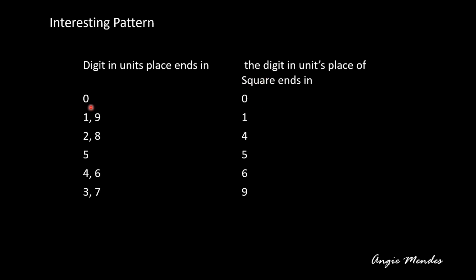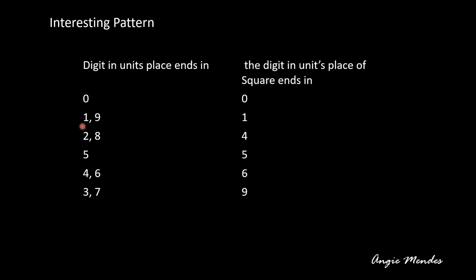Take note of the digit in the units place. In 10, 0 is in the units place, and in 100, which is the square of 10, 0 is in the units place. So this is satisfying this condition, that if the digit in the units place ends in 0, then the digit in the units place of the square will also end in 0.